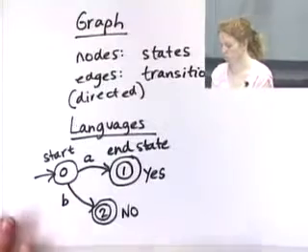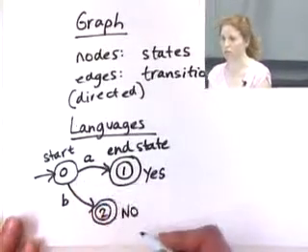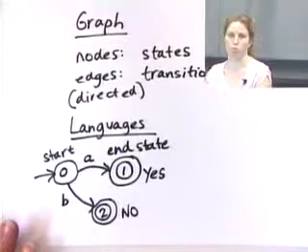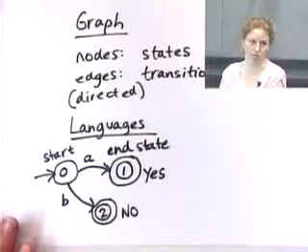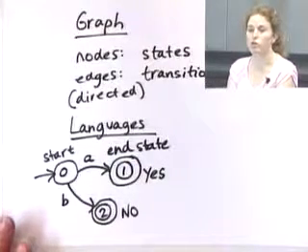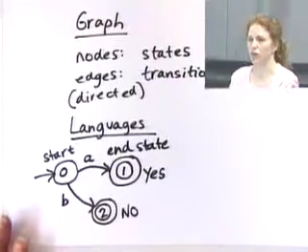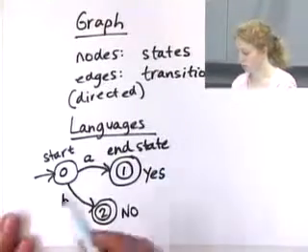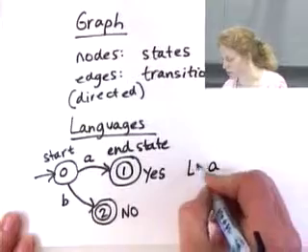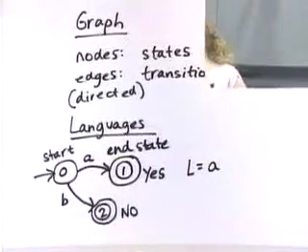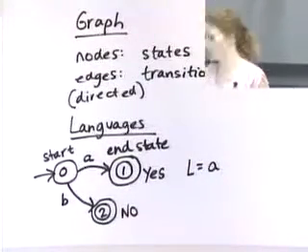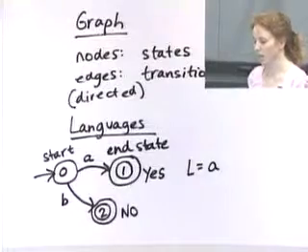Normally we don't necessarily draw these. If we just want to describe what we do accept, we just draw that machine. If we want to describe things that we don't want to accept, then we do draw these. So the language here, L, we would normally use a capital letter to denote the language that a finite state machine accepts. Here it would be A.